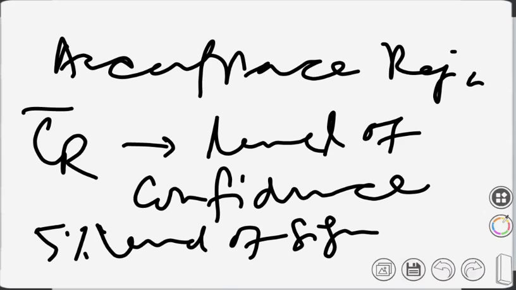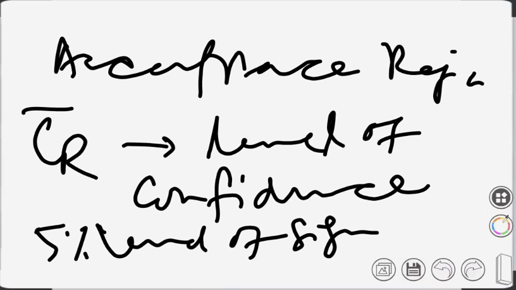Similarly, if 5% is the level of significance, then 95% is the level of confidence. So the area corresponding to the level of confidence is the acceptance region, with a 95% probability that the result will be accepted.